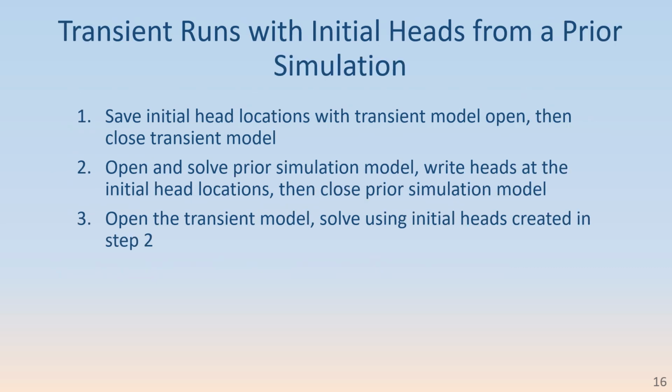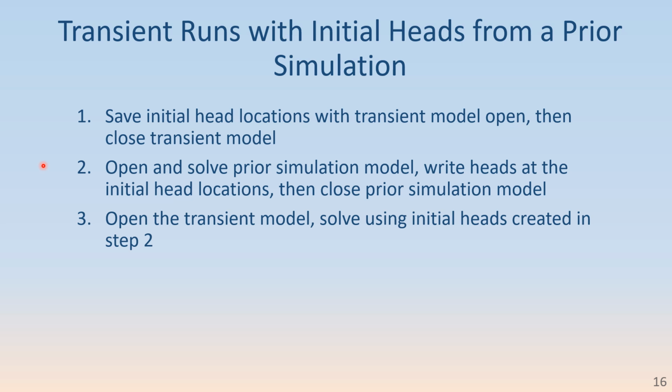If you're going to run a simulation where the initial heads are from a prior simulation, then here are the steps you need to follow. You first build your transient model, but don't solve it, and then you save the initial head locations from that transient model. That would be the basis point locations and transient line condition locations and so on. Then you close that transient model and move to step 2, where you open and solve your prior simulation model.